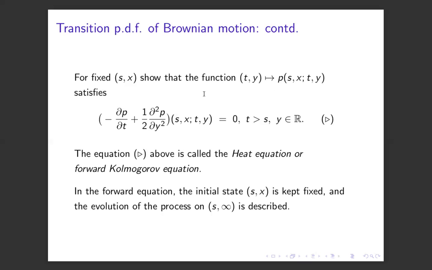So you want to find v such that it satisfies the heat equation, that is minus del v over del t plus half del squared v over del y squared equals 0, for all t greater than 0, since we are taking s equal to 0, and v at time 0 at any x is the given function g of x.